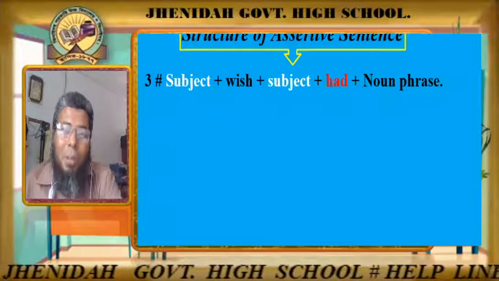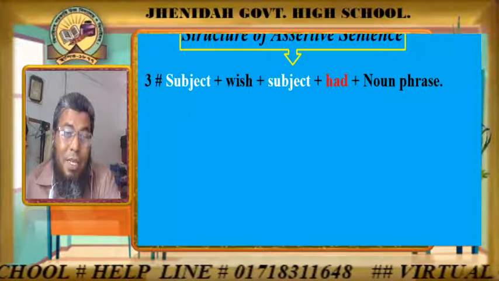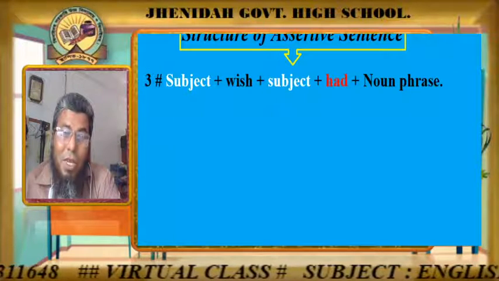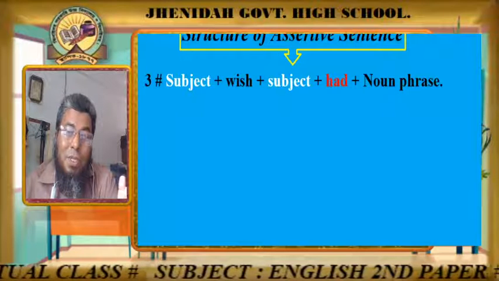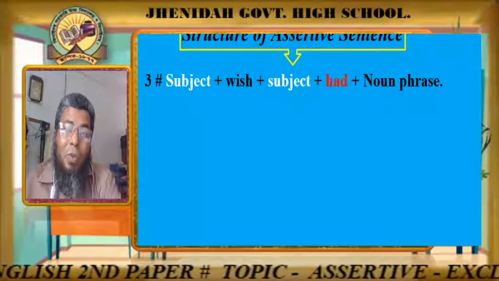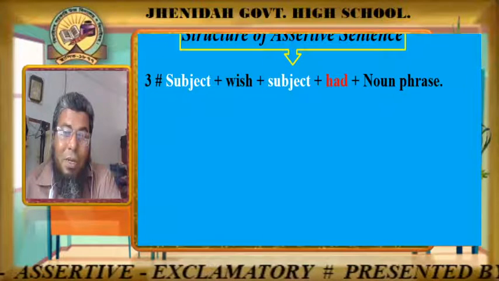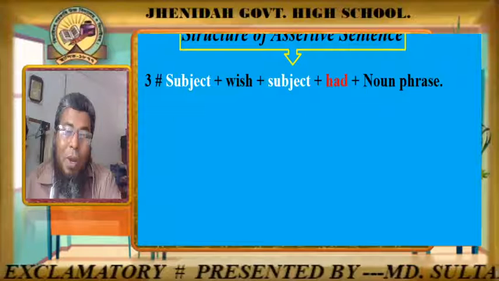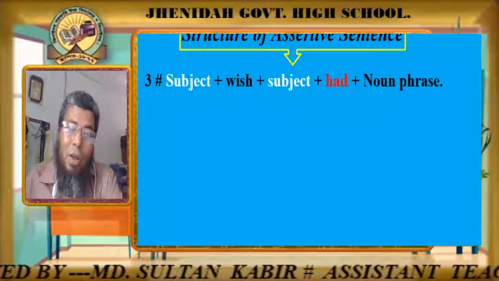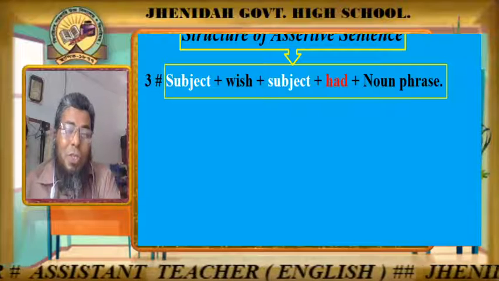Subject এর পরে wish থাকবে আবার subject, and after subject there must be a had. একটু খেয়াল করো যে subject plus wish plus subject এর পরে had plus noun phrase. অর্থাৎ আমরা আগের দুটো অ্যাসার্টিভ সেন্টেন্স দেখেছিলাম, একটি সাবজেক্ট ছিল, তারপরে একটা নর্মাল ভার্ব ছিল, তারপরে আমরা এ বা এন অথবা এ বা এন নাই, তারপরে অ্যাডজেক্টিভ অন্য কিছু দেখেছি। আর এখানে আমরা দেখছি কি সাবজেক্টের পরে উইশ, তারপর আবার একই সাবজেক্ট এর পরে একটা হ্যাড যদি থাকে এবং হ্যাডের পরে একটা নাউন ফ্রেজ থাকতে পারে, অর্থাৎ একটা নাউন একাও থাকতে পারে আর নাউনের সাথে অন্যান্য কিছু থাকতে পারে. So this is noun phrase.